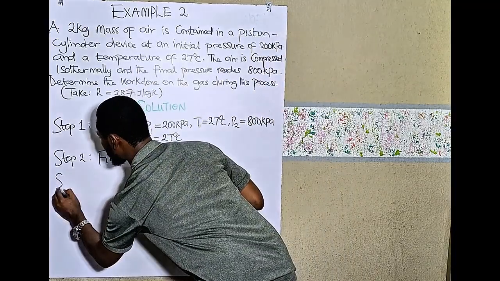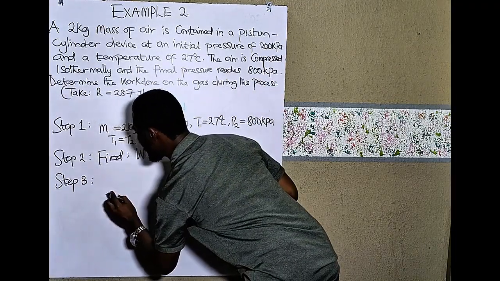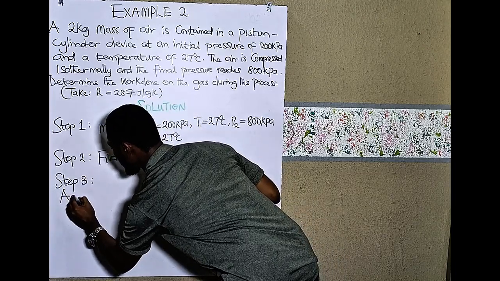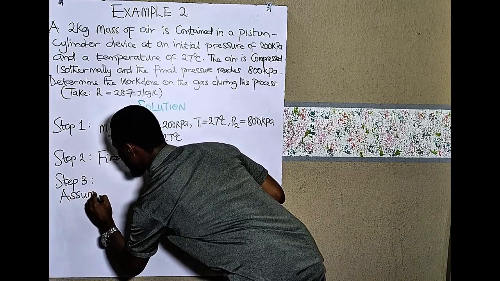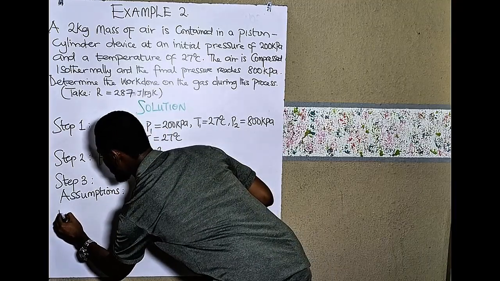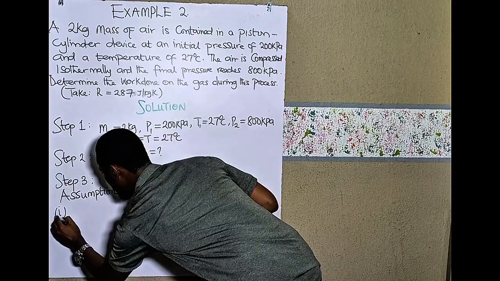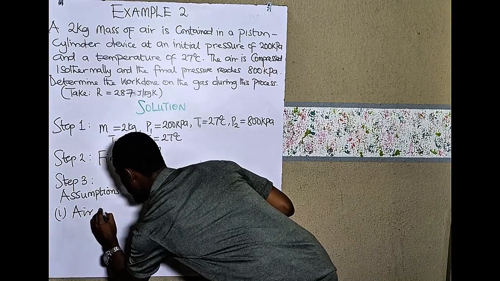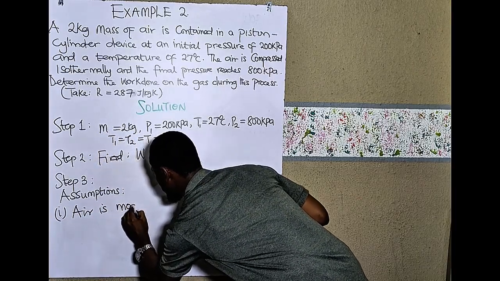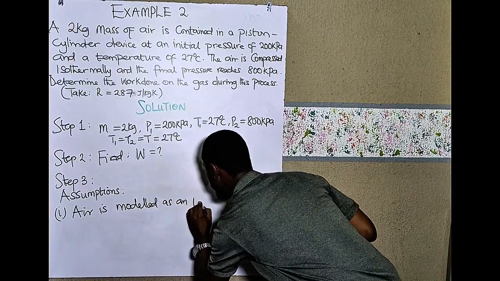Step 3. Bring out the assumptions. From the question, assumption number 1: air is modeled as an ideal gas.